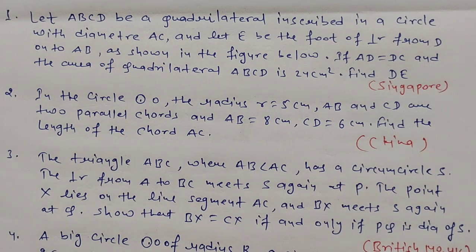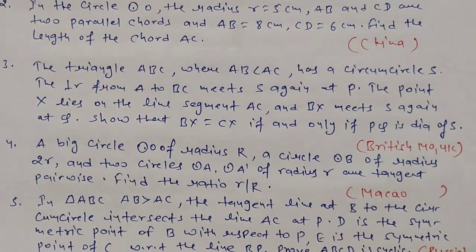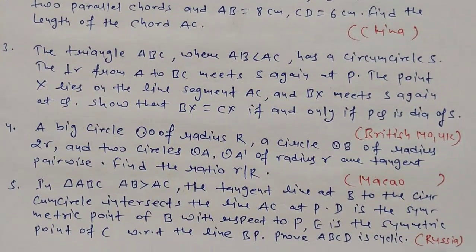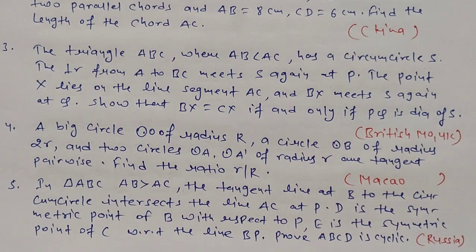The fourth problem is based upon the circle and also the concept of tangents. And the last problem, number 5, is based upon the triangle, tangent lines and circle. Also the cyclic quadrilateral will be involved in this problem.